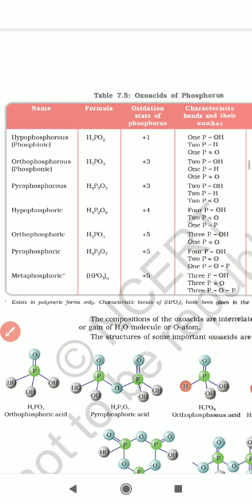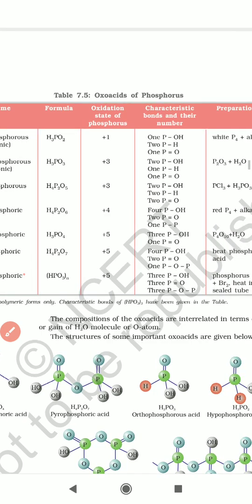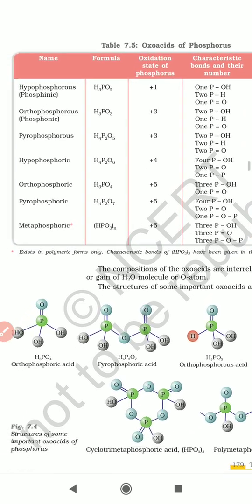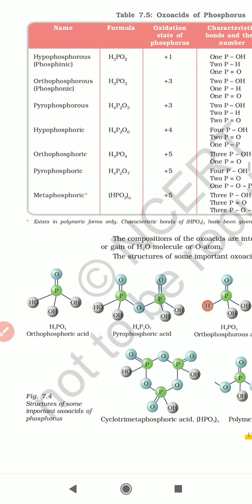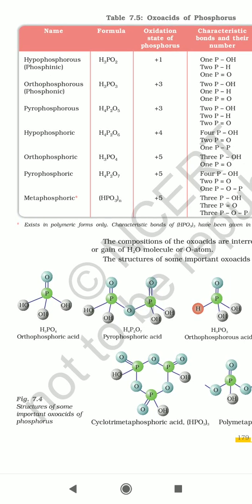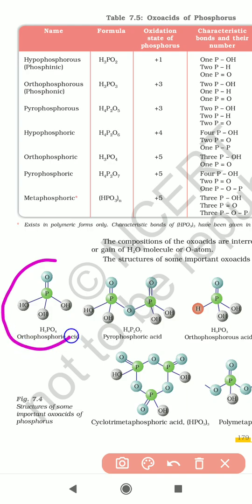Next, let us see how many bonds exist for each oxo acid and how you can prepare them. First, take H3PO4 for example. Phosphorus is the central atom.